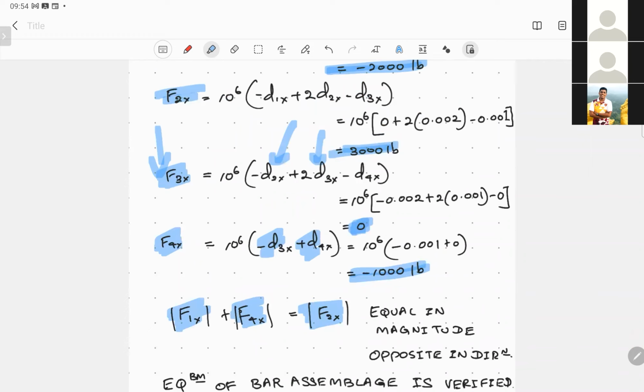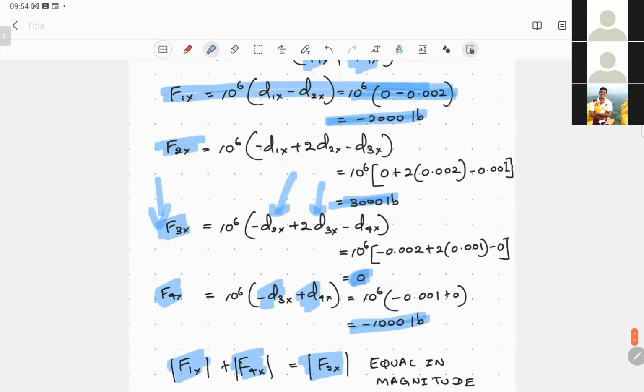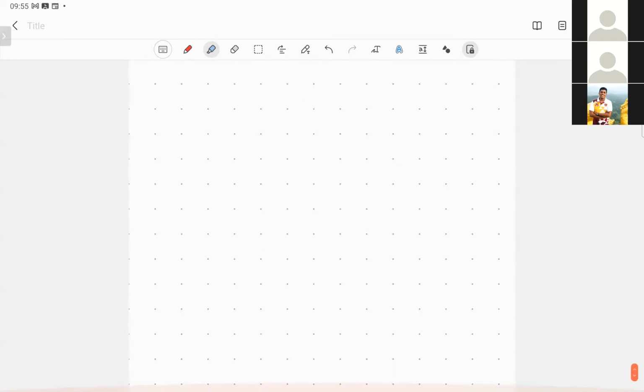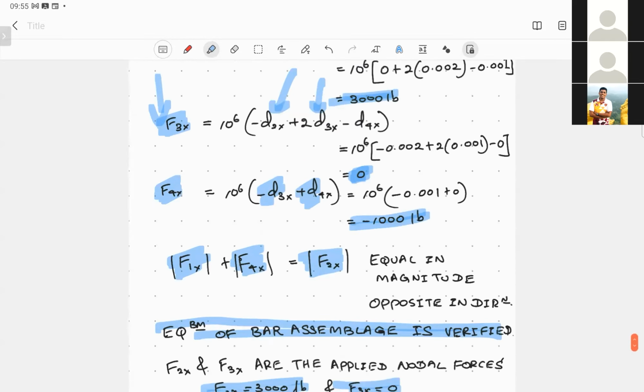Of course, minus sign means it's the opposite direction, and you know at node number 3 there are no external applied forces. So now you see the equilibrium of the assemblage is verified, which indicates that your answers are correct. It's also important to note that the corresponding external forces are also obtained using the forces or the displacement which you obtained. So this is a good indication that you have arrived at the correct answer.